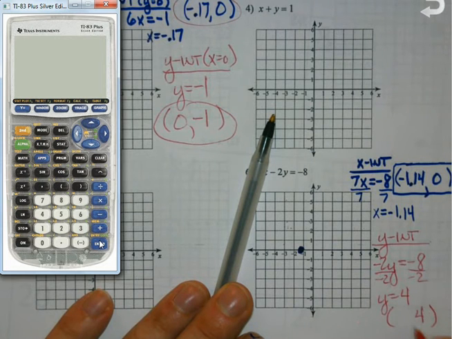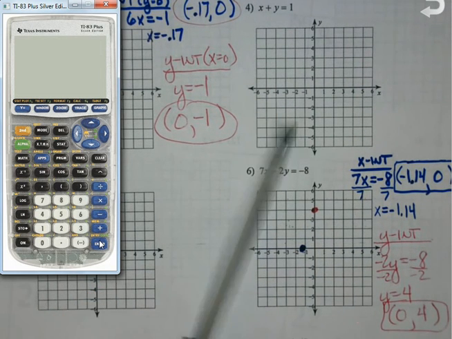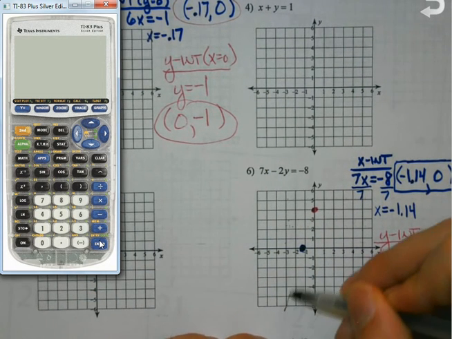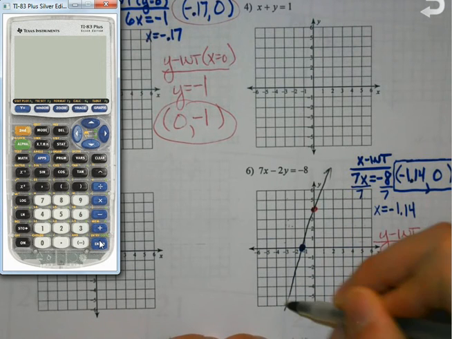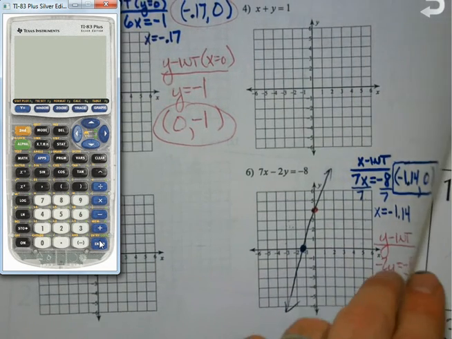My y value is 4, my x value is 0. I put a dot. Draw my line through. So that's how I always am setting up all of these. When I do the x-intercept, I cover up y. I do the y, I cover up the x, and get to my answers that way. So let's see if things change on the back here.